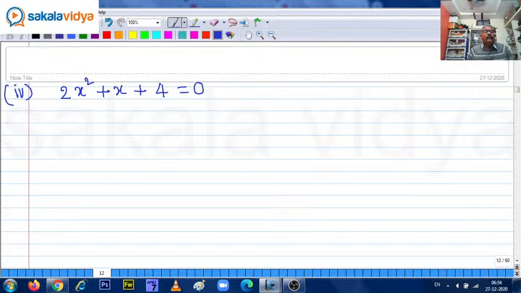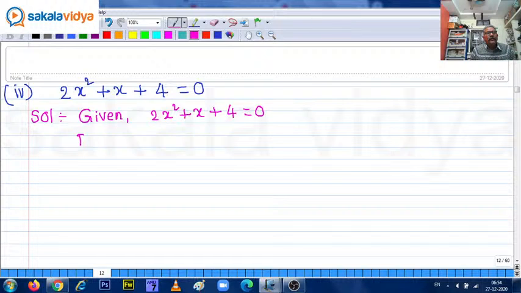So now let us proceed for the solution. Given 2x square plus x plus 4 equals to 0.